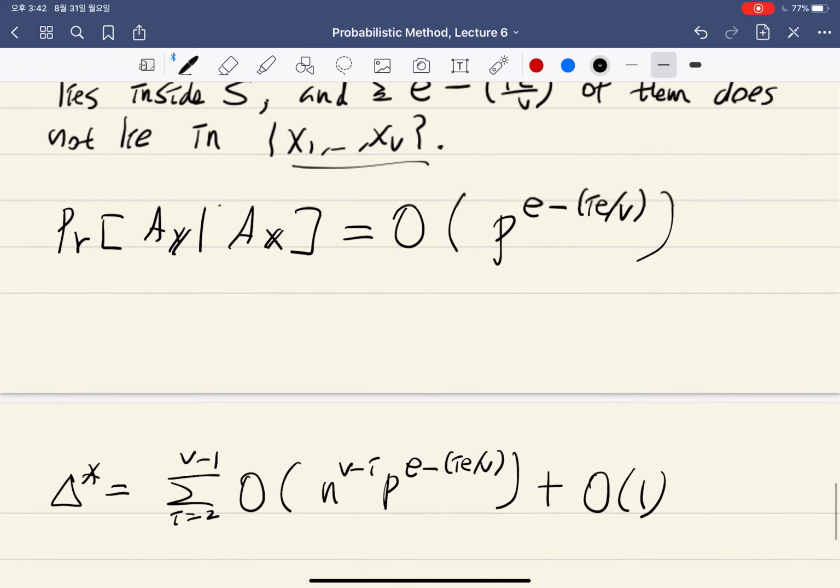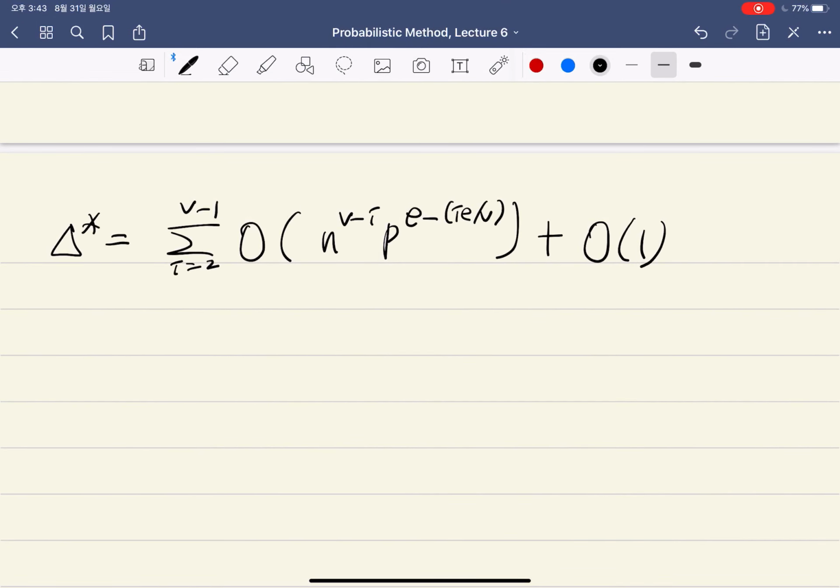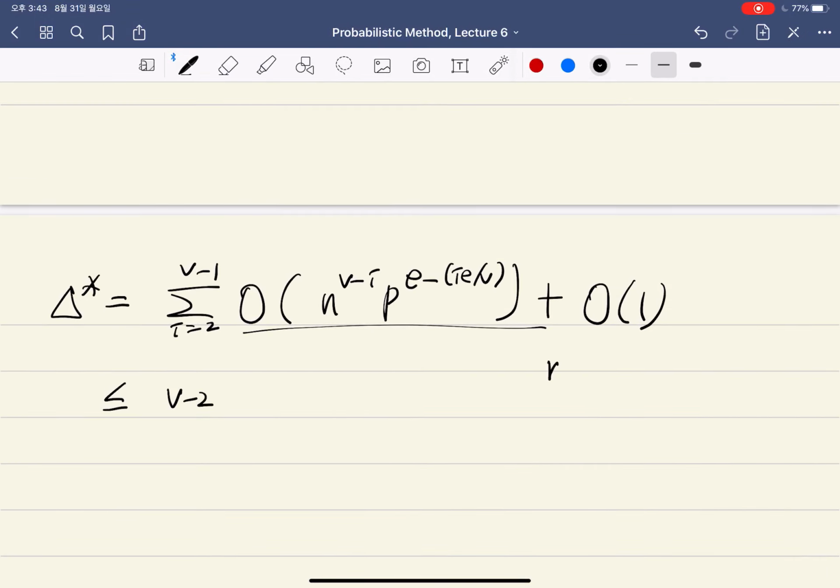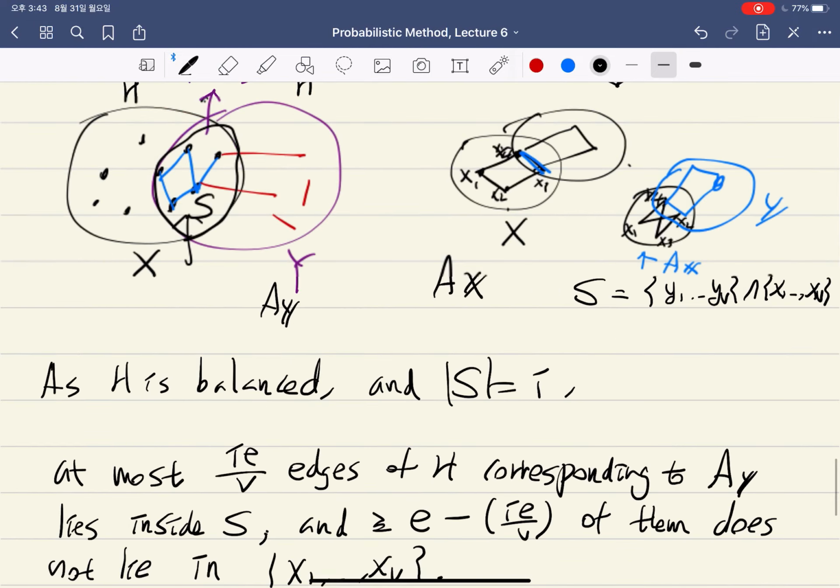So what do we have? This is at most B minus 2 times each of them. Here is N to the V, P to the E times N times P to the E over V to the minus I. But what was our assumption?